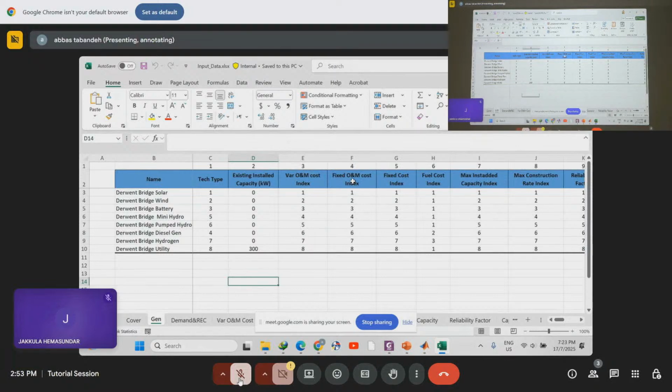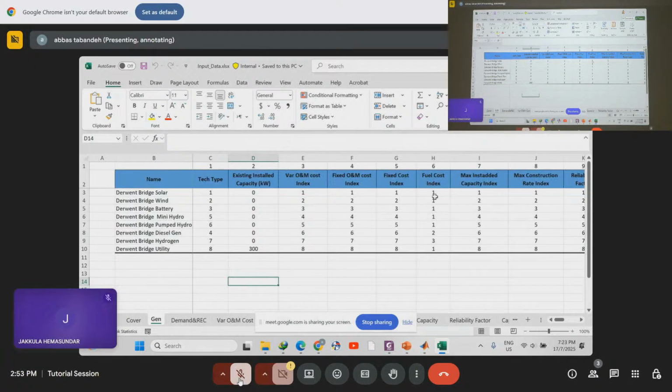Another one is fixed operation and maintenance cost parameters. And another one is fuel costs for different technologies. We have only considered 1, 2, and 3 indexes.